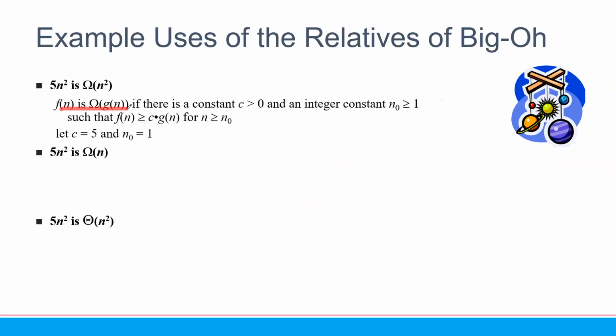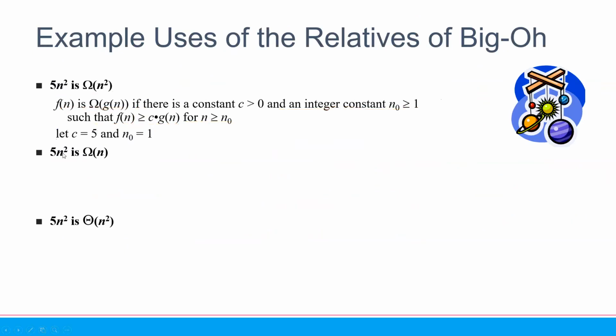If you want to do the derivation, there is a constant c greater than 0 and an integer constant n0 greater than or equal to 1 such that f(n) is greater than or equal to c·g(n) for n greater than or equal to n0. If you derive, you will get c equals 5 and n0 equals 1 is also okay for this function.